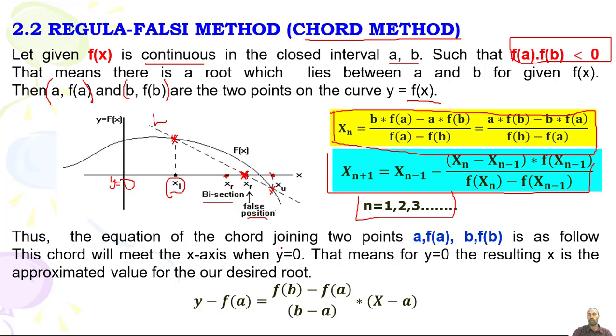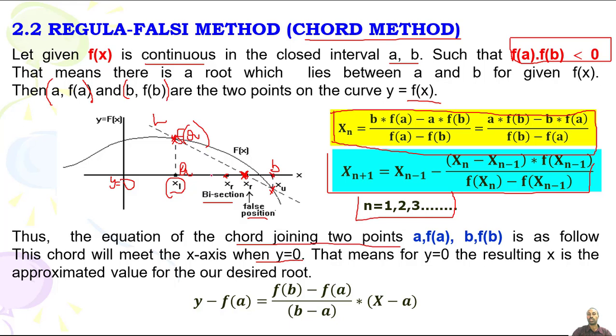So that's the equation of the chord joining the two points a comma f of a. For example, if this is a, then this will be f of a. Clear? The line joining these points b, f of b, is as follows. This chord will meet the x-axis when y equals 0.